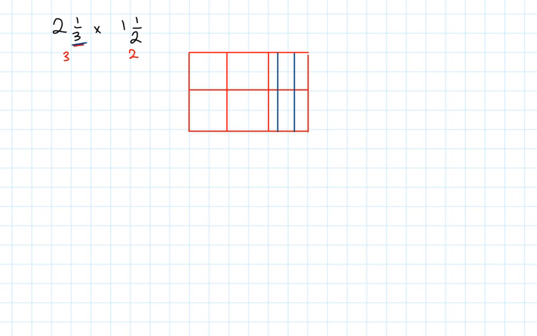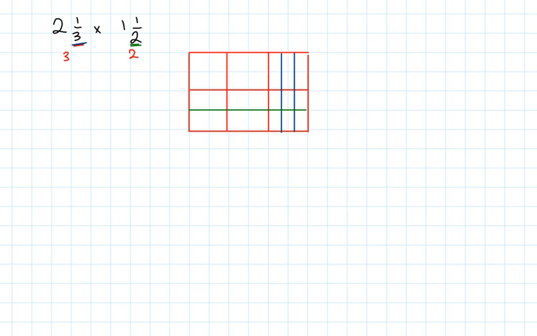Maybe move that a little bit to the side. Something like this. And for the 1/2, we need to break that last one for the 1.5 into 2 pieces. So that would be like this.